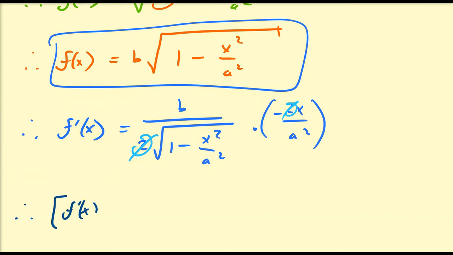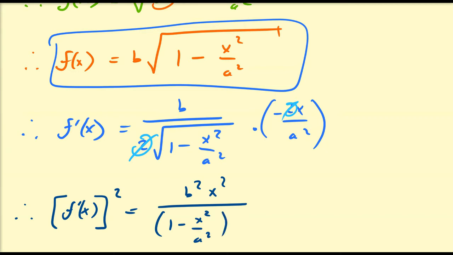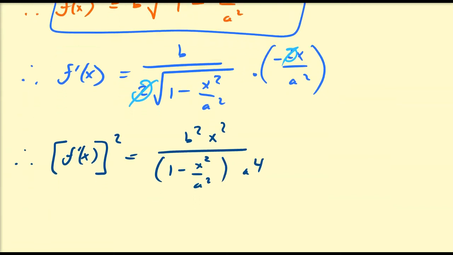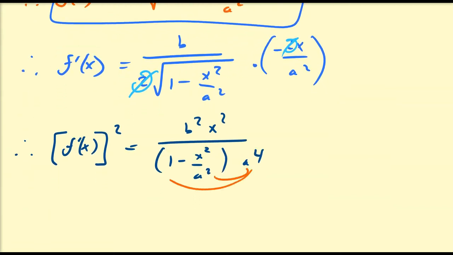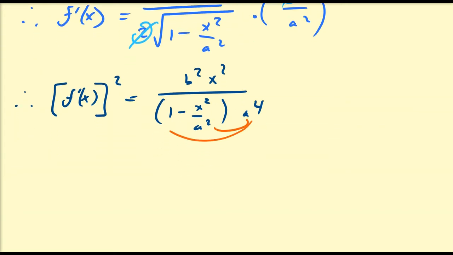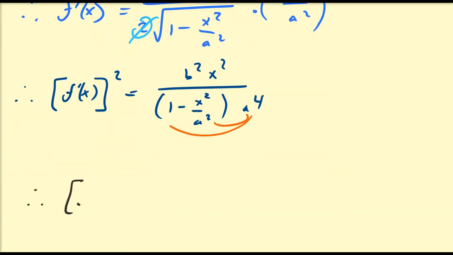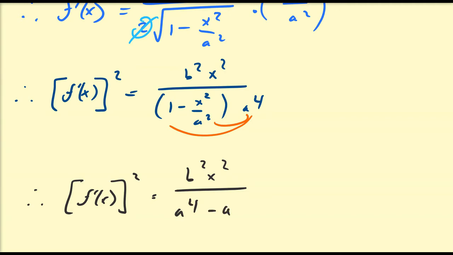So the square of the derivative with respect to x is going to be equal to b squared x squared all over 1 minus x squared over a squared times a to the power 4. I'm then going to distribute this a to the fourth into here, and that's going to give us f prime of x squared is equal to b squared x squared all over a to the fourth minus a squared x squared.